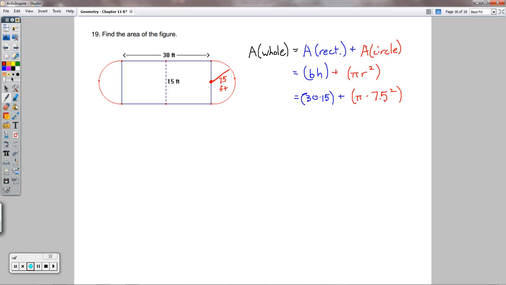If you calculate all of that together, this would be 450, and then you'd have 7.5 squared times pi. Put it all together, you get approximately 626.7 feet squared.